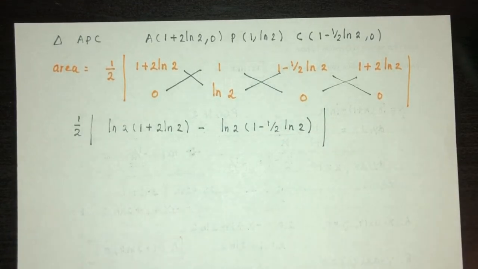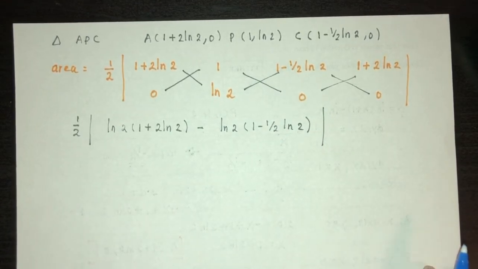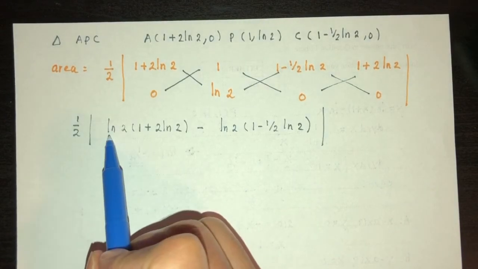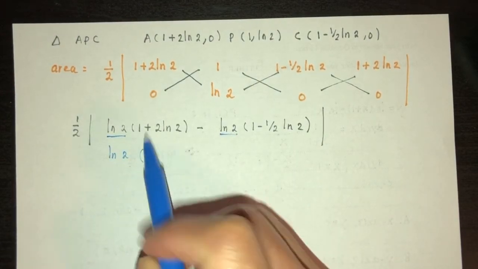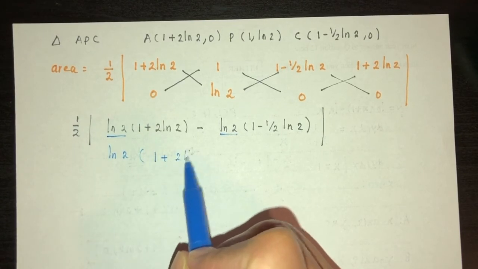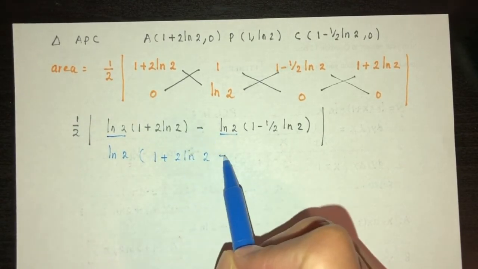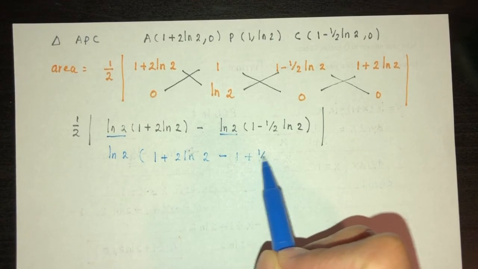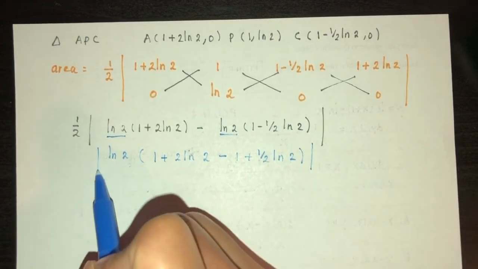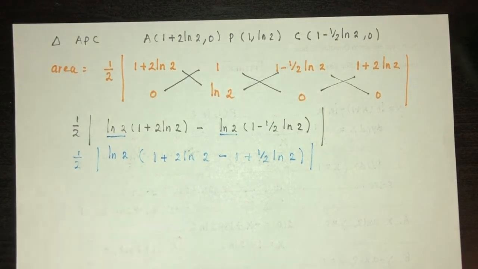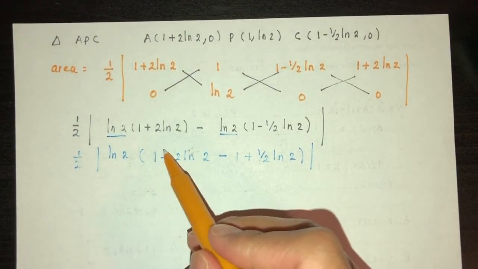Okay, so now we have to simplify. Let's see what happens. So we can factorize these two outside. You have ln 2, you have 1 plus 2 ln 2 minus 1 plus half ln 2. So simplify the inside value now. Here we have 1 will go away.